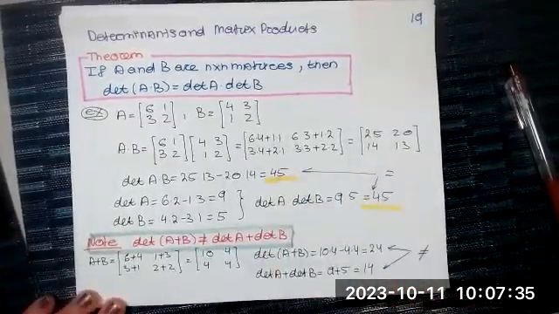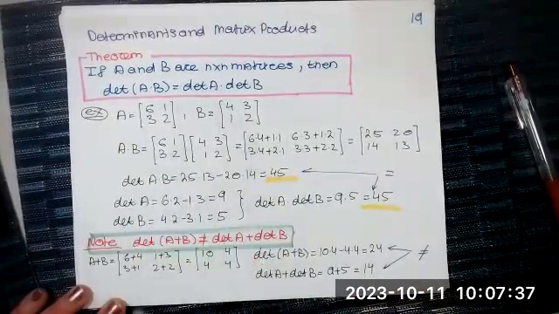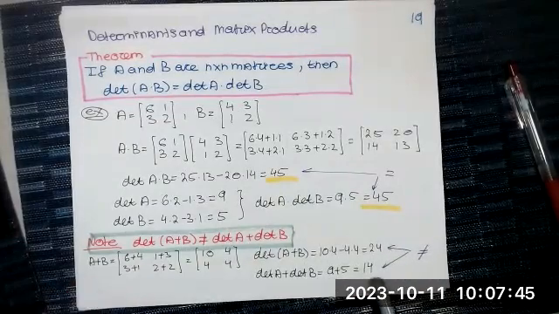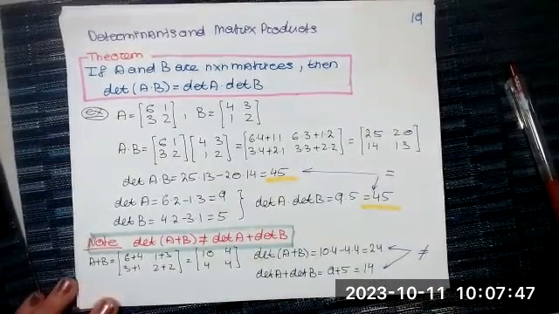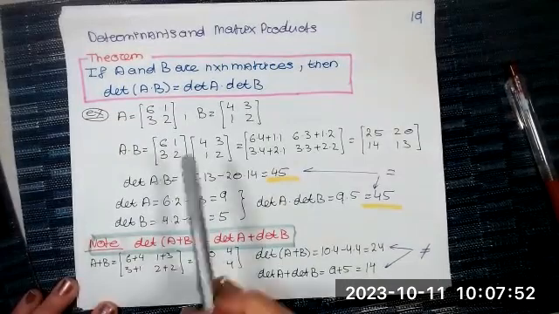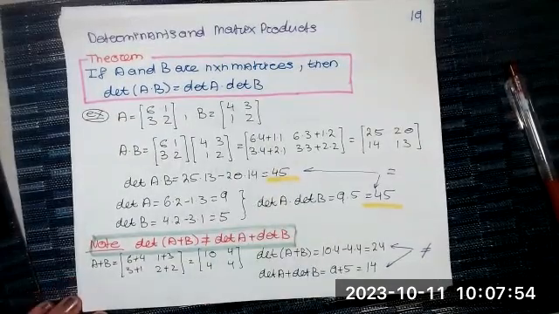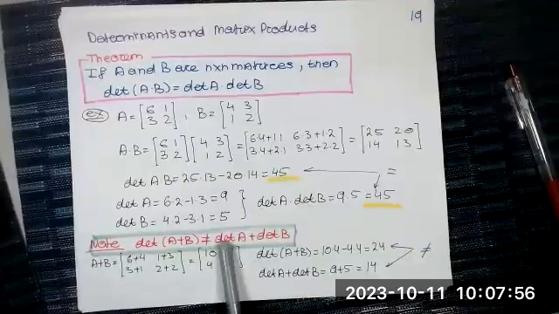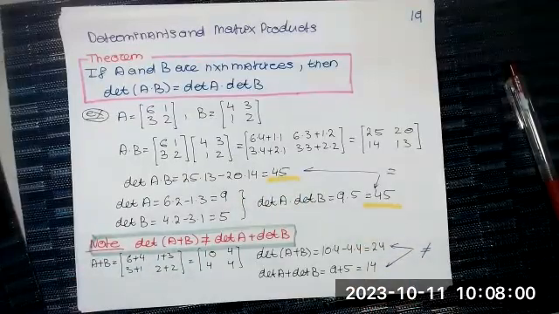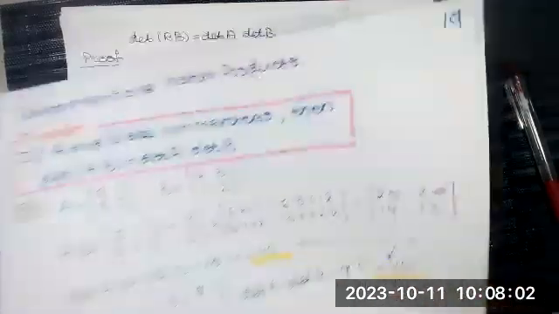If I add A and B and compute the determinant of the sum, I get 24, but if I compute the determinants of A and B and sum them up, it's 14, so not 24. All right, so this rule basically only works for multiplication of matrices, but not for addition. So be careful with addition. It's a very, very common mistake people make with determinants.